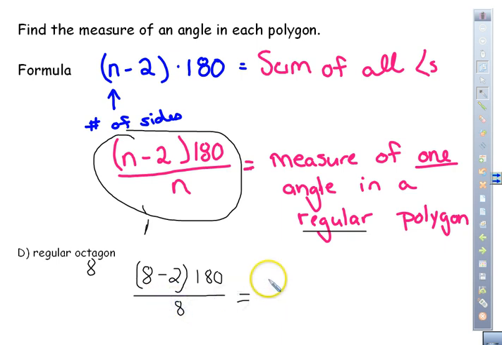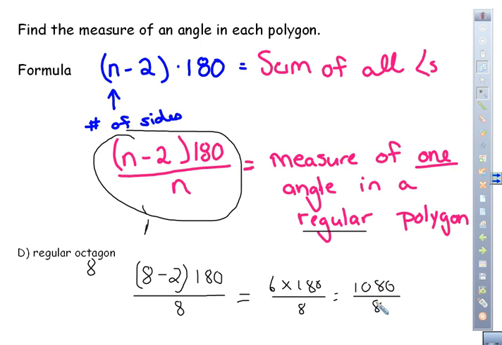So then this is going to be 6 times 180 over 8. So when you take that, you end up with 6 times 180, which equals 1080 over 8.